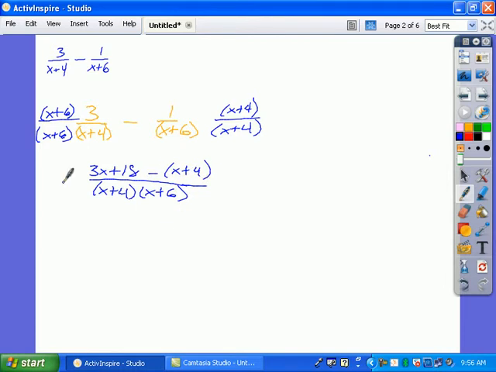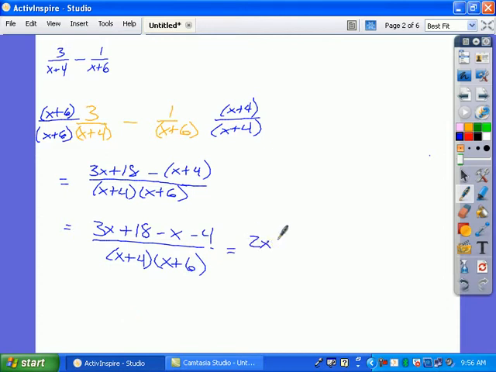So this becomes 3x plus 18 minus x minus 4, all over x plus 4, x plus 6. So in the spirit of cleaning up the numerator, this is going to be 2x plus 14, all over our denominator, x plus 4, x plus 6.